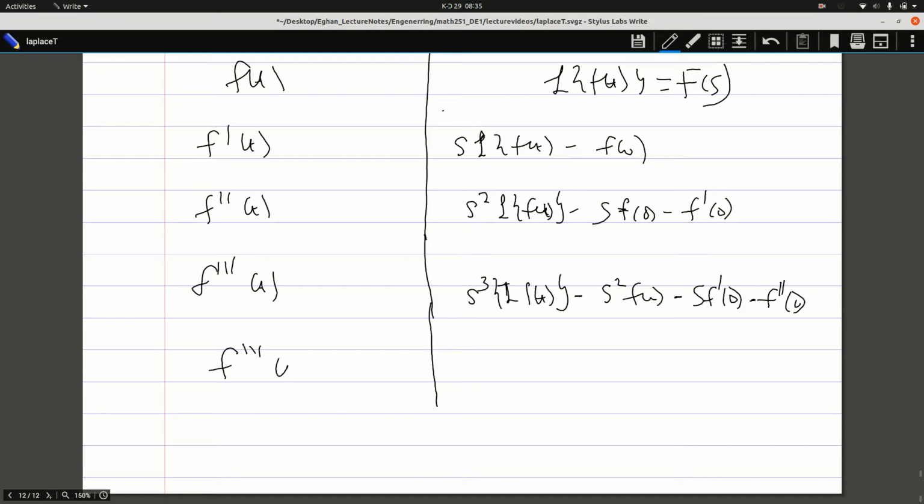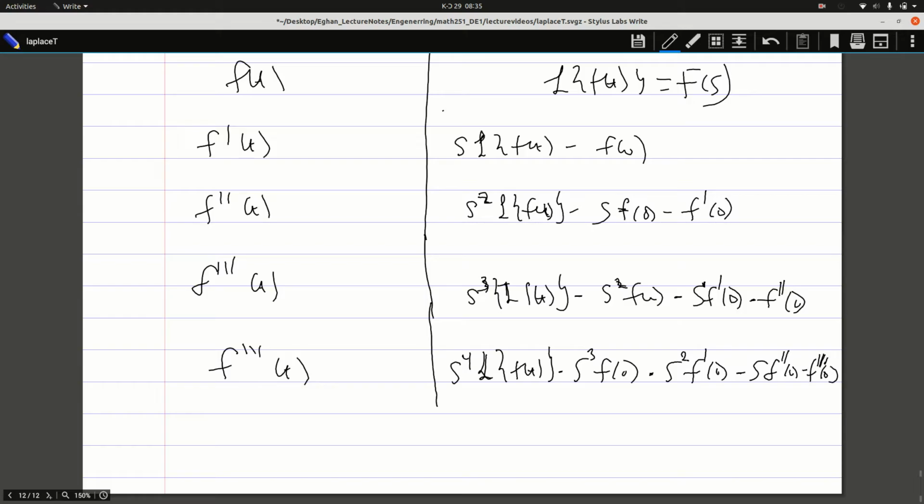If I follow the pattern, I'll have s to the 4 Laplace of f of t minus s cubed f at 0, then s squared, the first derivative, minus s times the second derivative, and then the third derivative at 0. So it means there's some reduction of the indexes on the frequency.